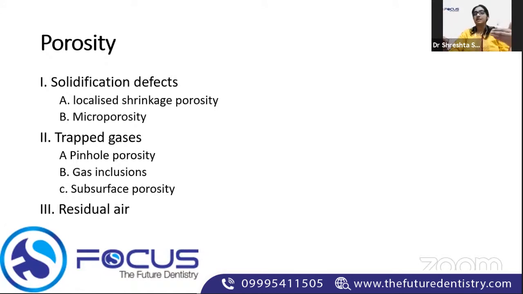In that, we will be discussing localized shrinkage porosity and microporosity. Now, coming to trapped gases, we have three different types. You have pinhole porosity, gas inclusions, and subsurface porosity. And last, we will be talking about the residual air entrapment.